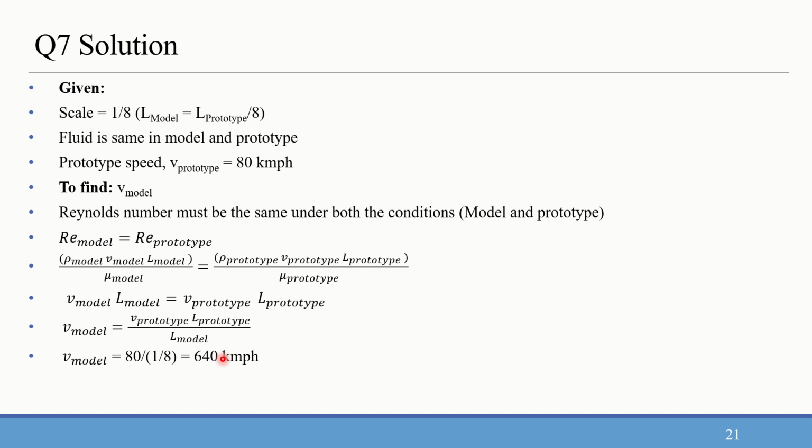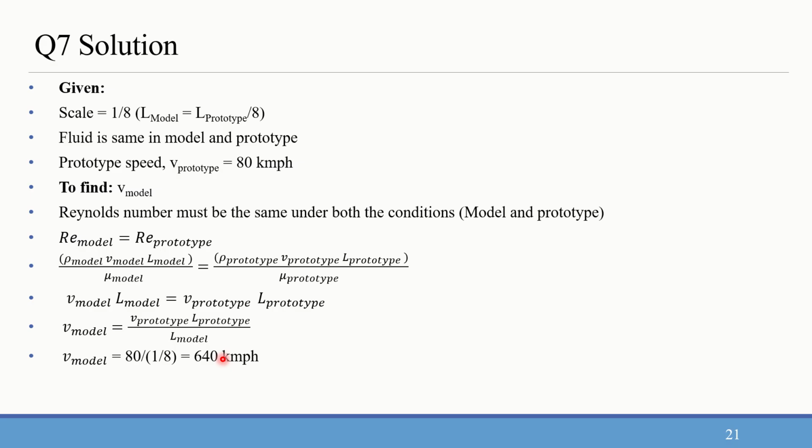So yeah, that is how we did the problem. What we are doing is having dynamic similarity. We are considering that the Reynolds number in the model should be similar to the Reynolds number in the prototype. Reynolds number is rho v d by mu, and equating the Reynolds number of the model and of the prototype, the fluid properties, density and viscosity, cancel out, and we are left with the velocity and length of the model and the velocity and length of the prototype.